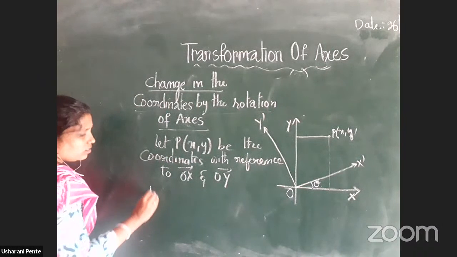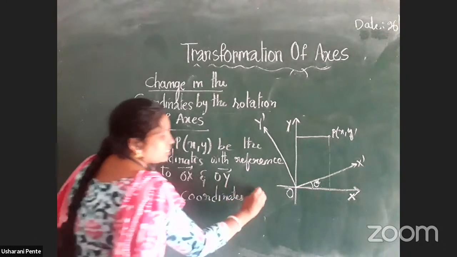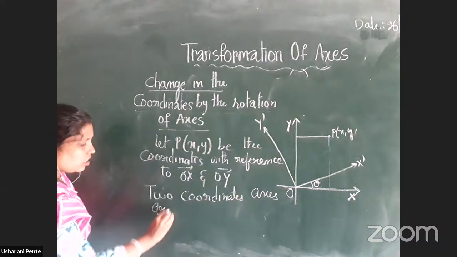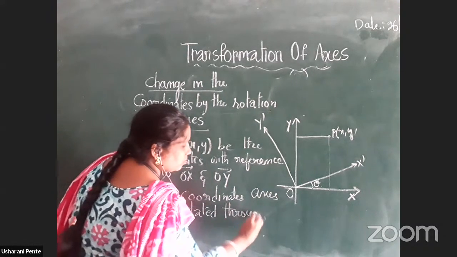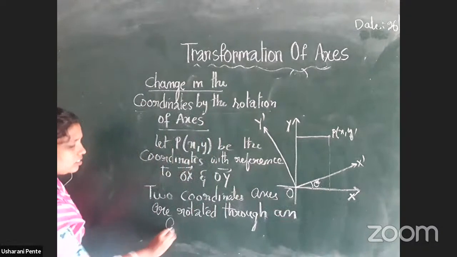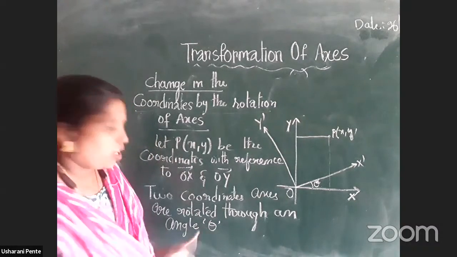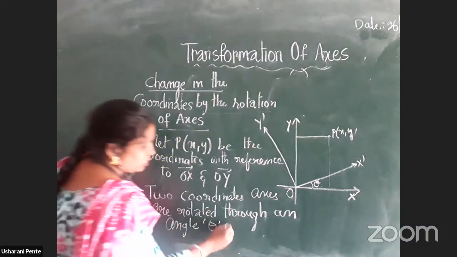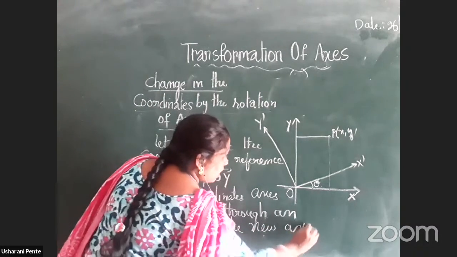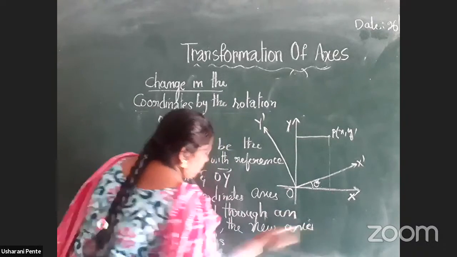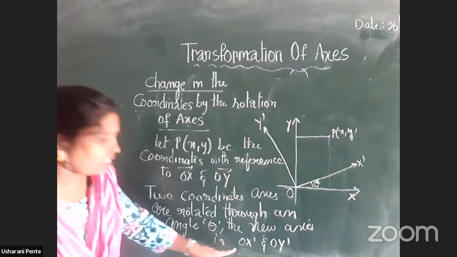Therefore, the two coordinate axes are rotated through an angle theta, the origin is fixed, and the new axes are OX dash and OY dash.